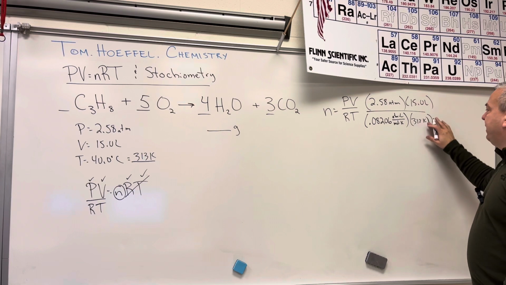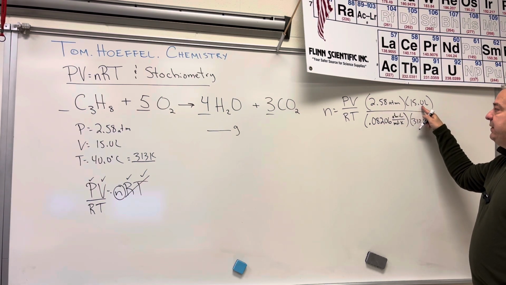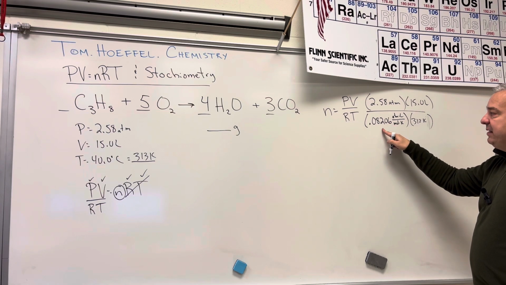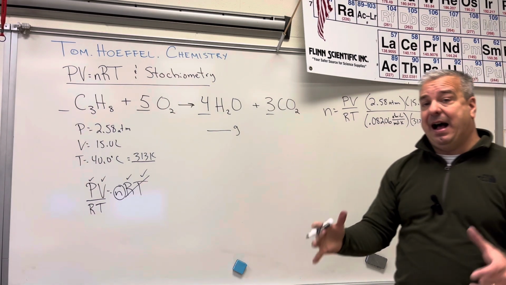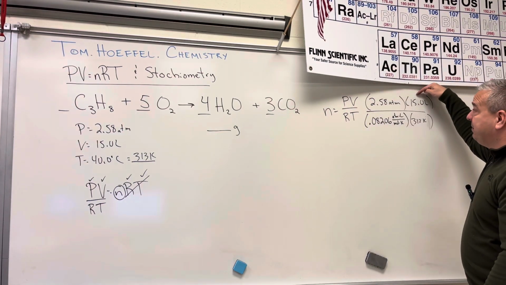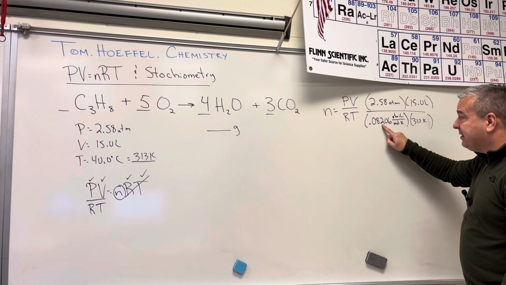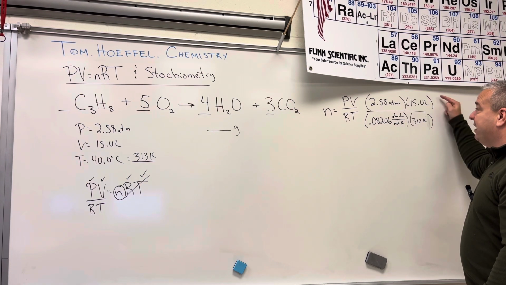So in my calculator, I'm going to take 2.58 times 15, divide by 0.08206, and then I hit the divide button again because this is in the denominator, and I hit 313. And a common mistake that students make is they take this times this, divide it by this, and then they hit the multiply button, hit 313, and you're basically making it a numerator.